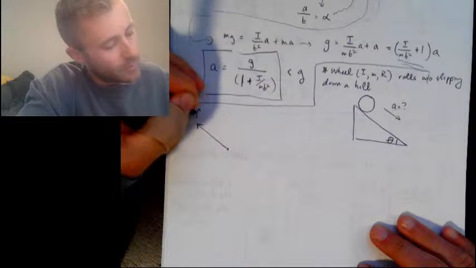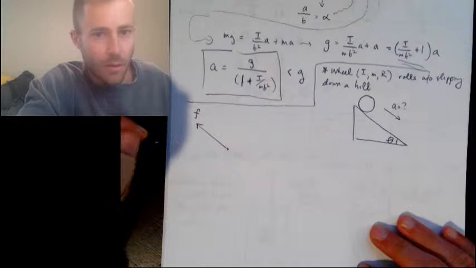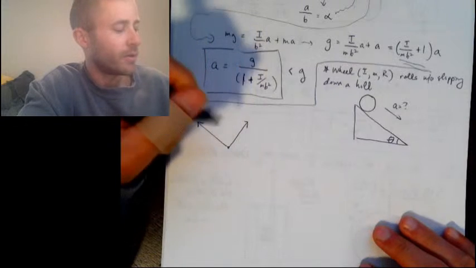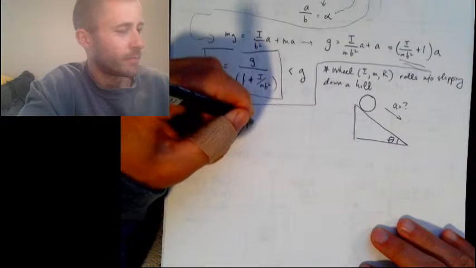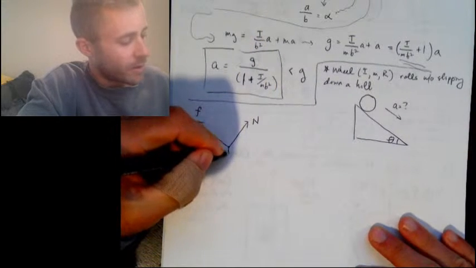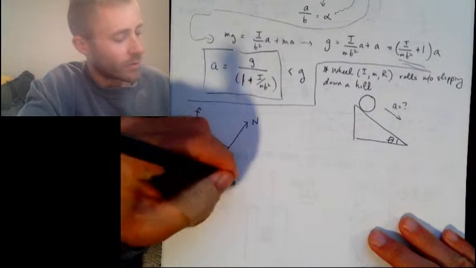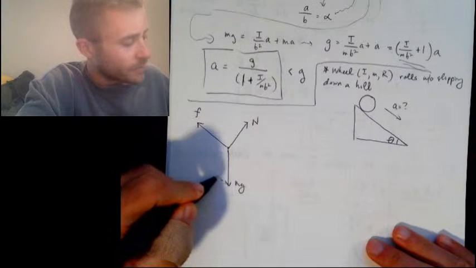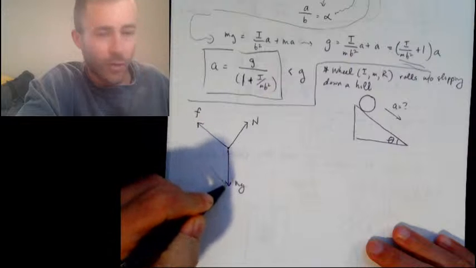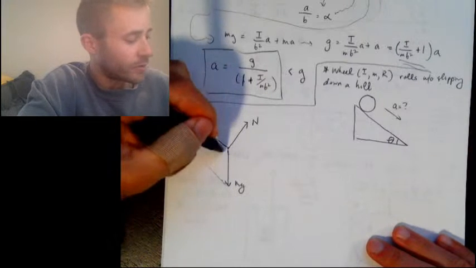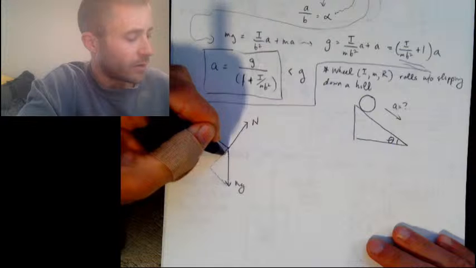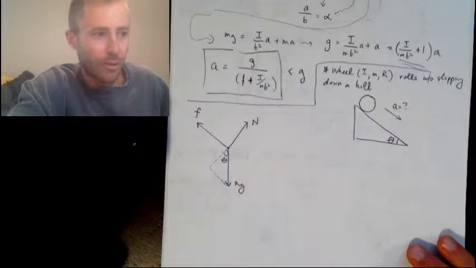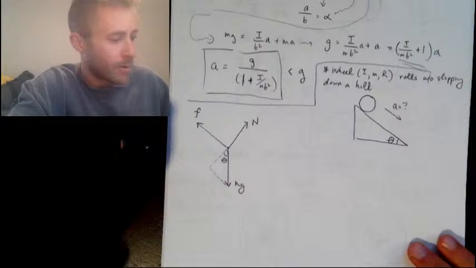We have a normal force, which is pointing perpendicular to the incline. And we have a weight force that is going down. From previous lessons on inclined planes, we know that because of the geometry of the situation, that is going to be the angle theta.